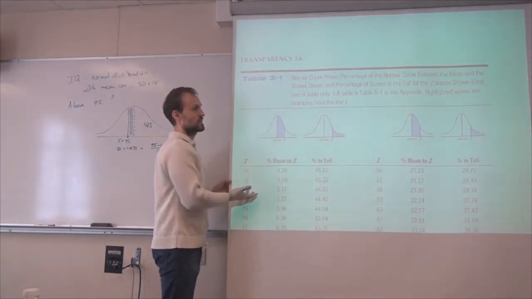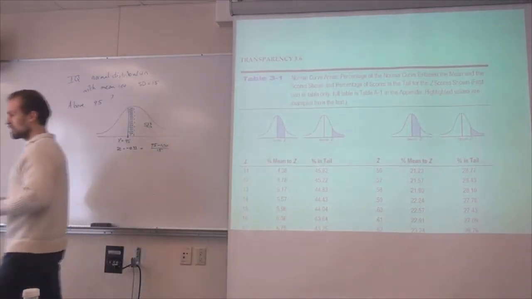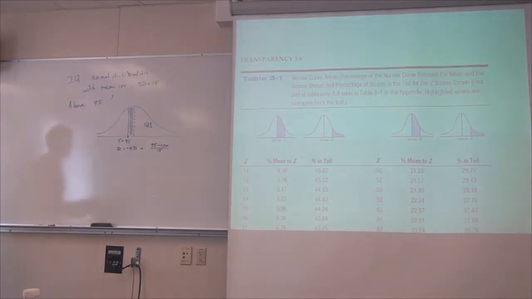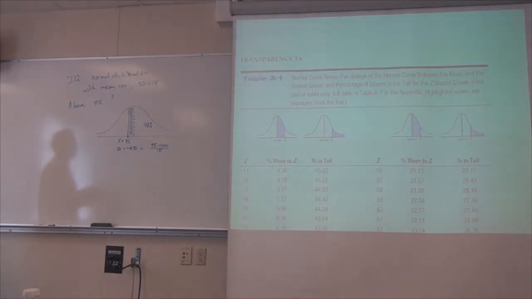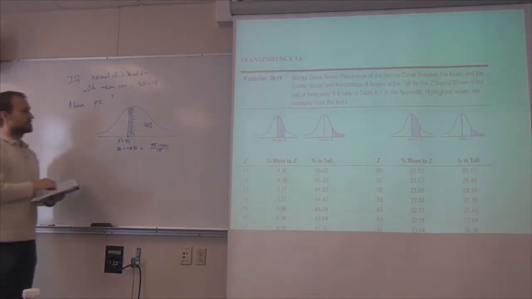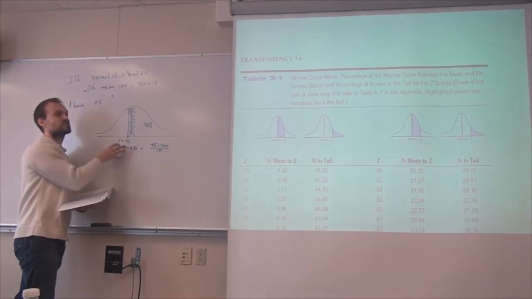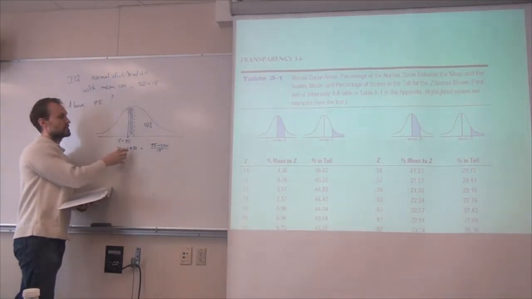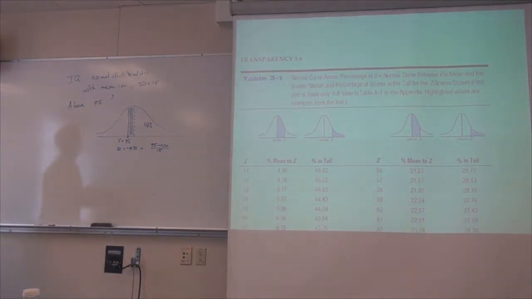Because of symmetry, it's exactly the same. So what am I going to look for in my table? Which z value am I going to look for? If my actual z score is negative 0.33, there's no negative 0.33 here.